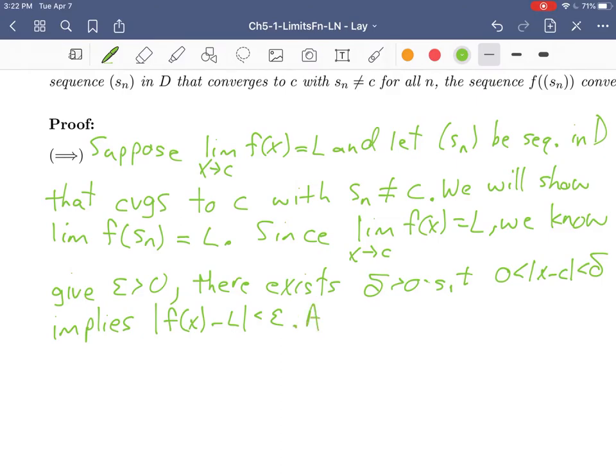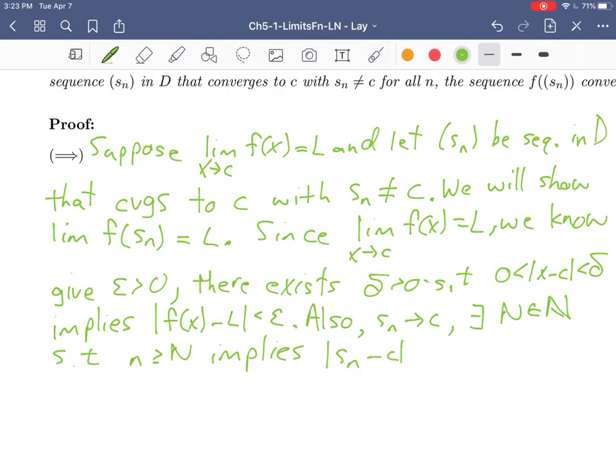What else do we know? Well, we also know that the sequence converges to C. So since that sequence converges to C, we know there exists some natural number big N such that whenever little n is at least the value of big N, this implies that the distance between S sub n and C is less than delta.